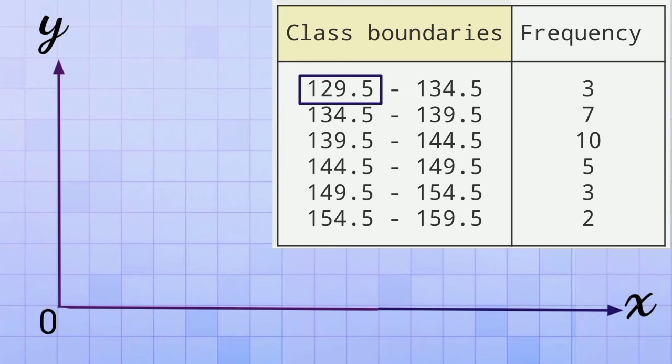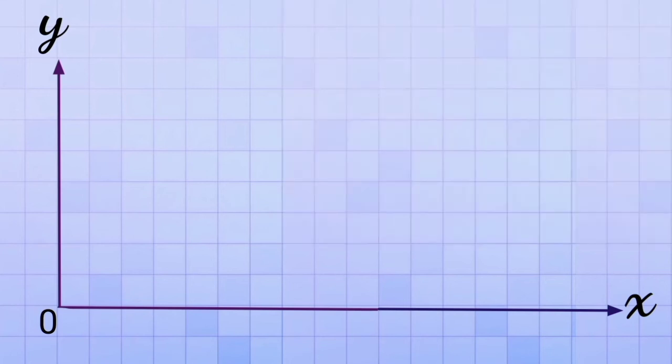Here it starts at 129.5. Can you start here at 0? You can't. If you mark the numbers from 0 and go, 129.5 will come somewhere far along, and a big area at the start will be empty. So we can't keep it like that.